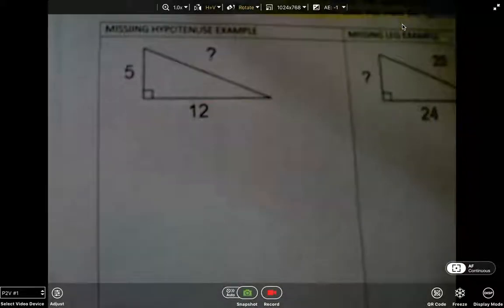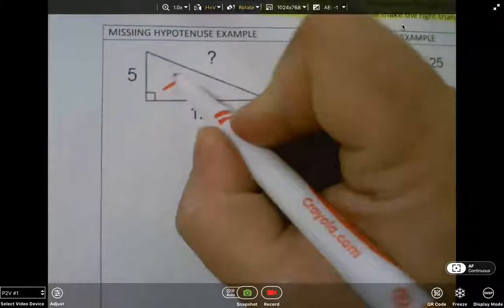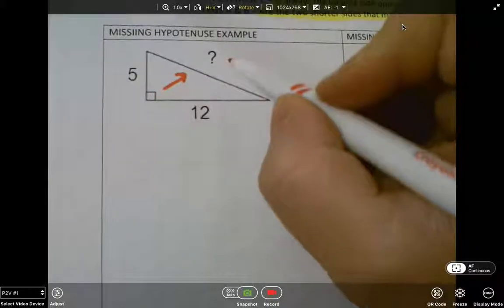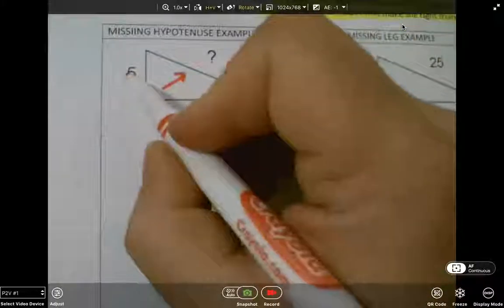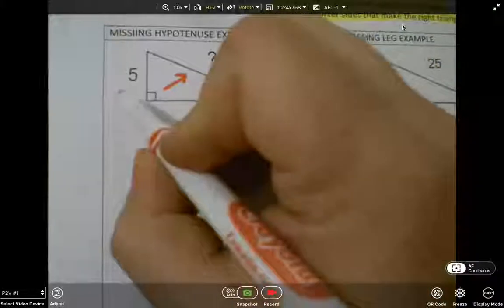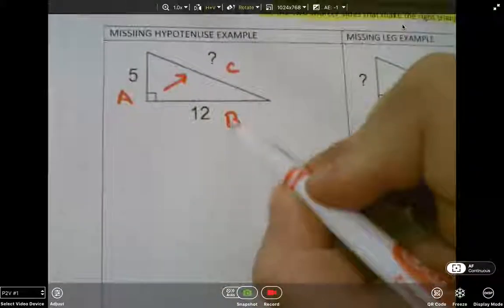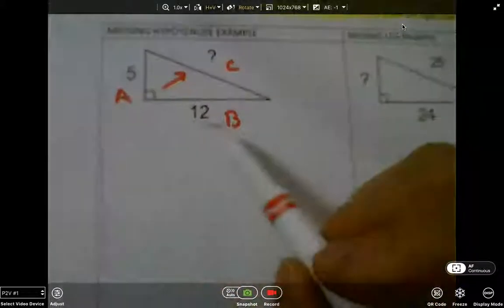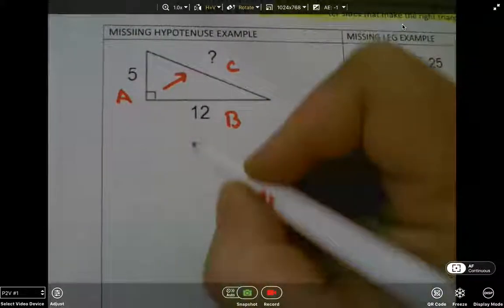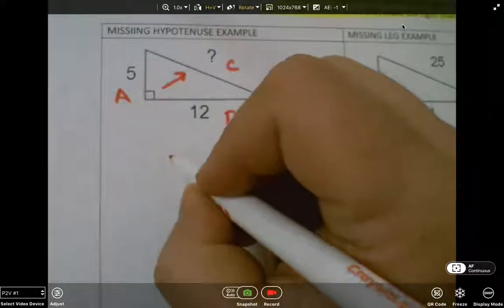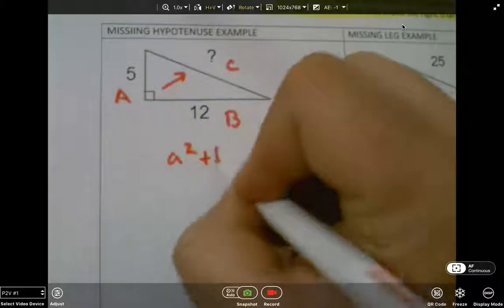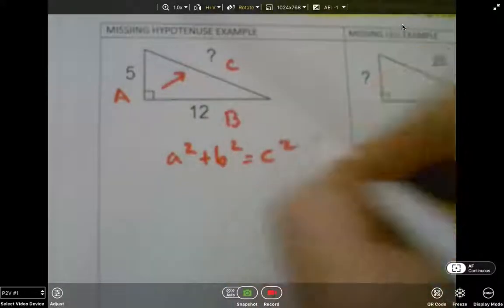You can see here, if we label our triangle, that is going to be our C, and then 5 and 12 will be A and B. It doesn't matter, you could have made this B and this A, but those are your legs. We always start off by writing out the Pythagorean theorem, a squared plus b squared equals c squared.